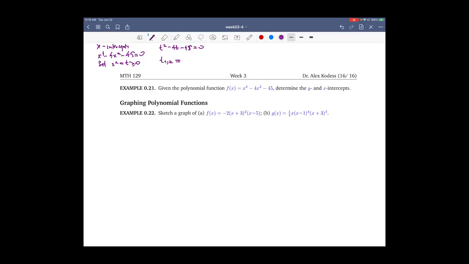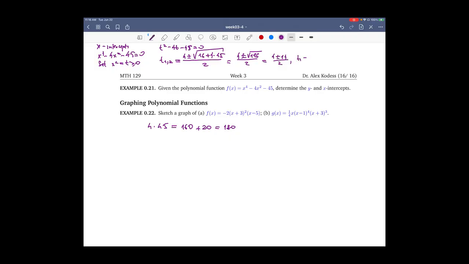Using the formula for roots of a quadratic equation, we have 4 plus minus the square root of 16 plus 4 times 45. 4 times 45 is what? 180, and 180 plus 16 is 196. 196 is the square of 14, I believe.